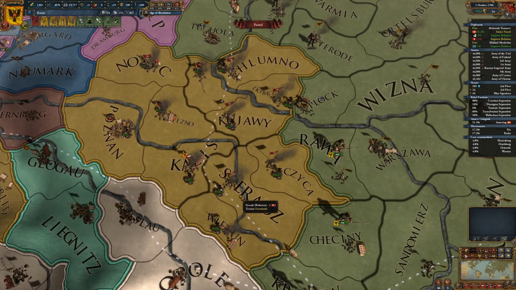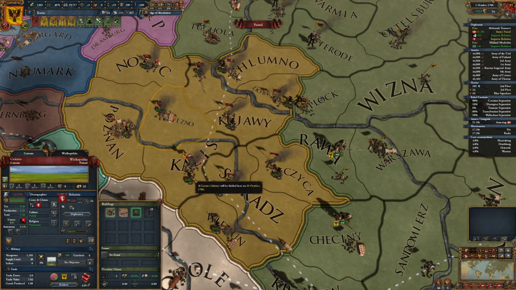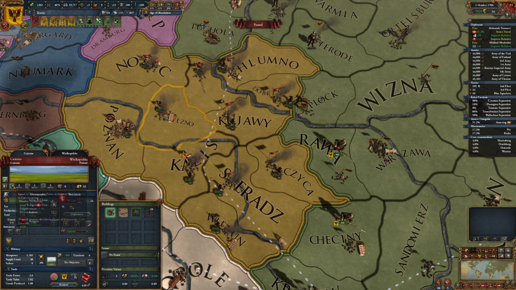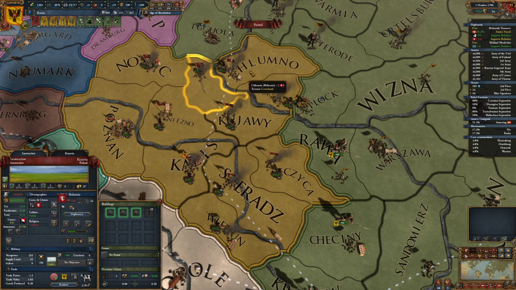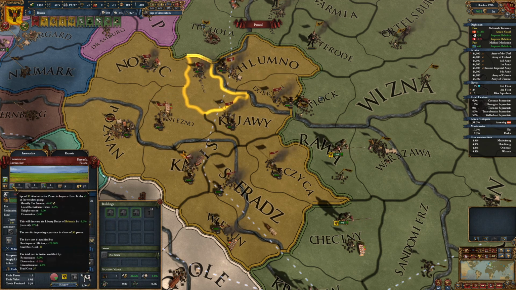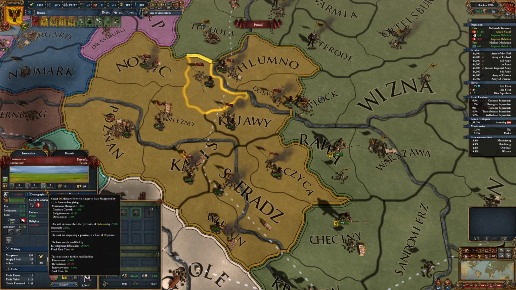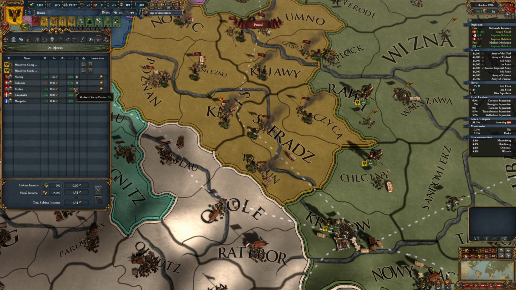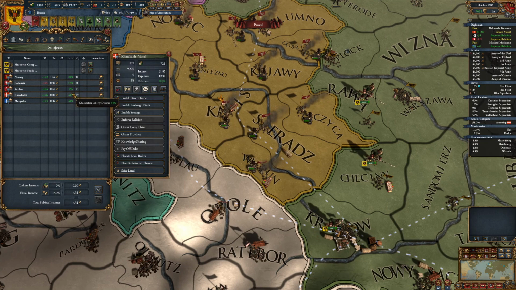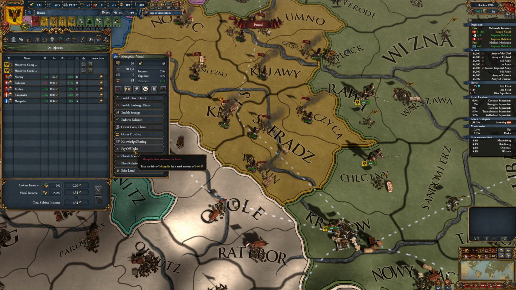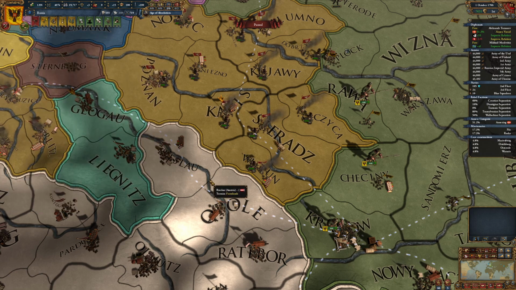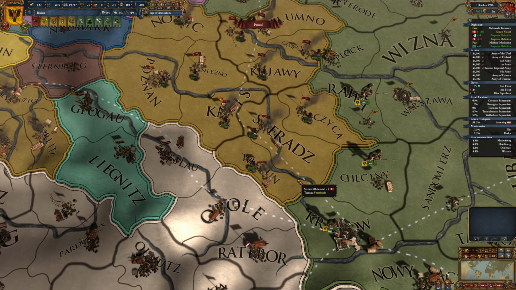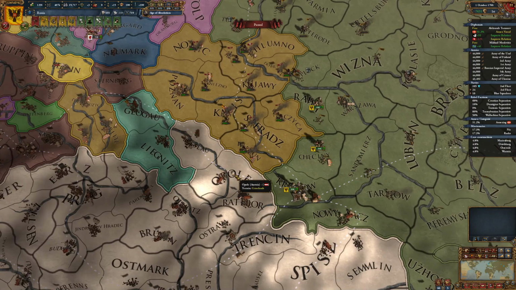I'm going to find a province which is very low cost to develop a bit, so his limited desire is brought down as far as possible. There we go. And yeah, we are going to end this here.